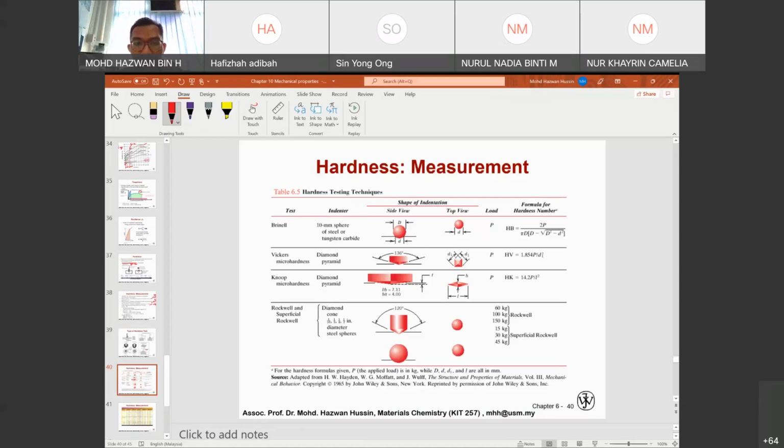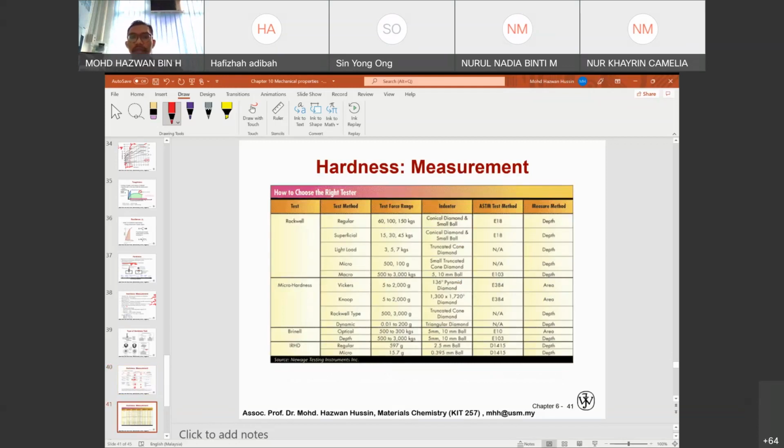Vickers hardness uses a diamond pyramid with an angle of 136 degrees. And for Rockwell and superficial Rockwell, there are two types, N and T, so you can have a 120 degree diamond cone or a spherical indenter.